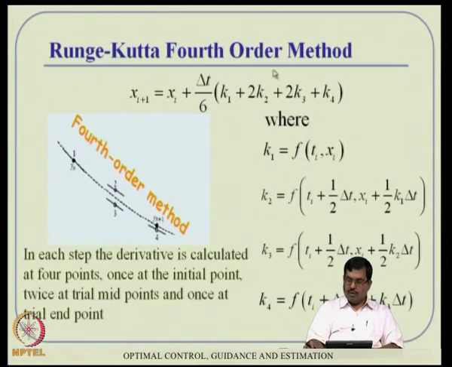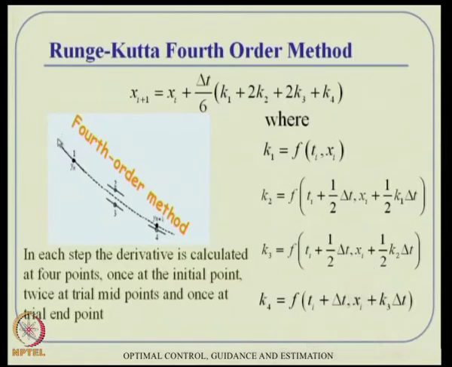Another thing that comes to mind is the Runge-Kutta method, and Runge-Kutta methods are of various orders. You can talk about second order Runge-Kutta, third order, fourth order, which is very popular in systems theory, and most numerical solution of differential equations is fourth order. The derivation I will not give here. The concept is like this. We talk about some function f of t n, x n, and you have some value here.